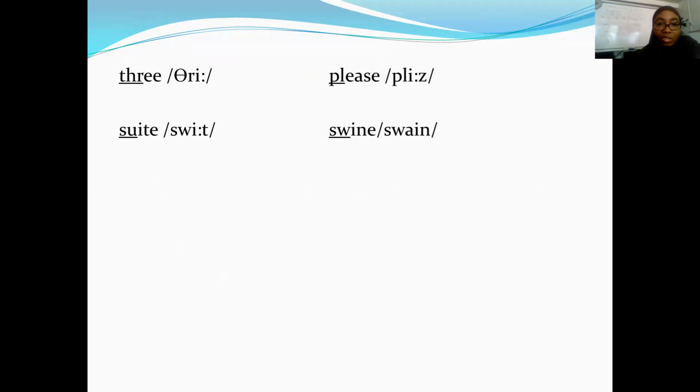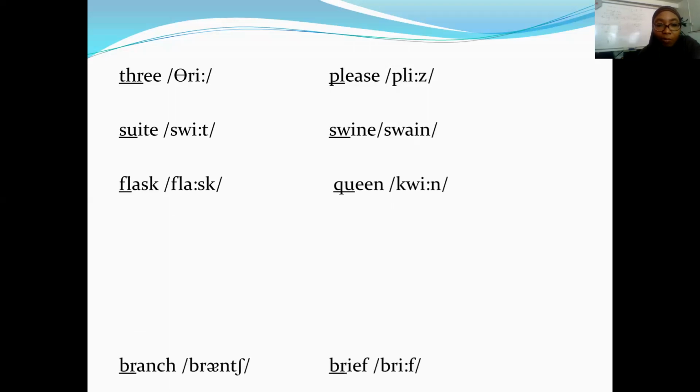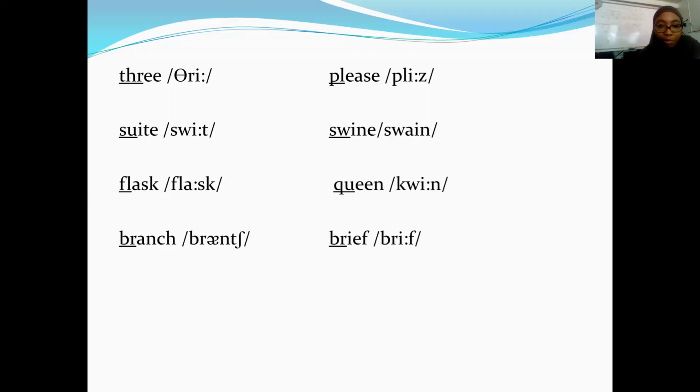Clusters have to do with sounds. The word suite, S-U-I-T-E, is pronounced sweet with 2 consonants at the beginning. Likewise, the words please and swine, flask and queen, branch and brief.